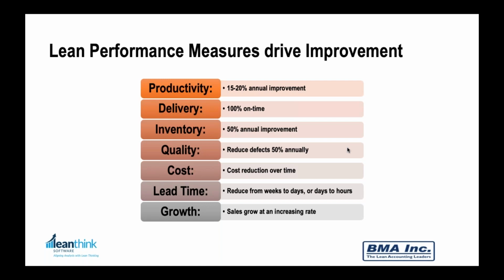We're not talking about KPIs. We're not talking about traditional measures. What's really important is for a lean organization to rationalize the measures that they use, make sure they're lean focused measures and not traditional measures that focus on mass production manufacturing practices.